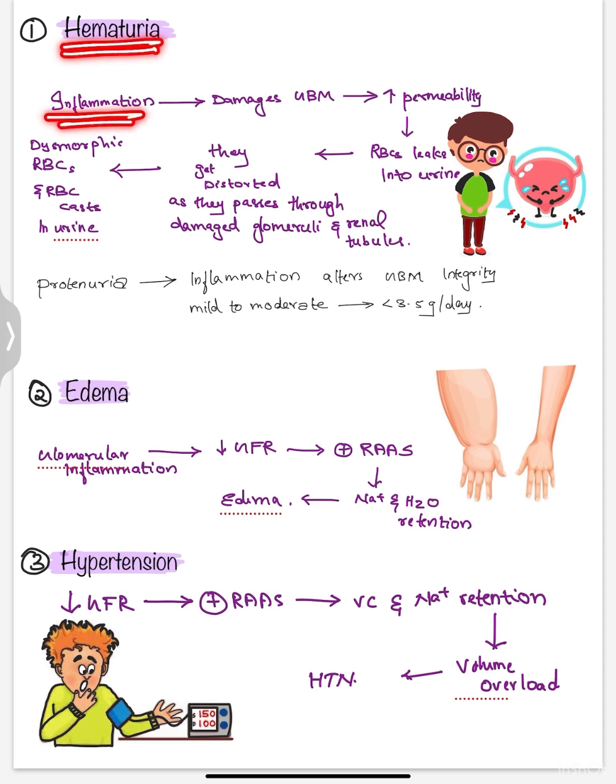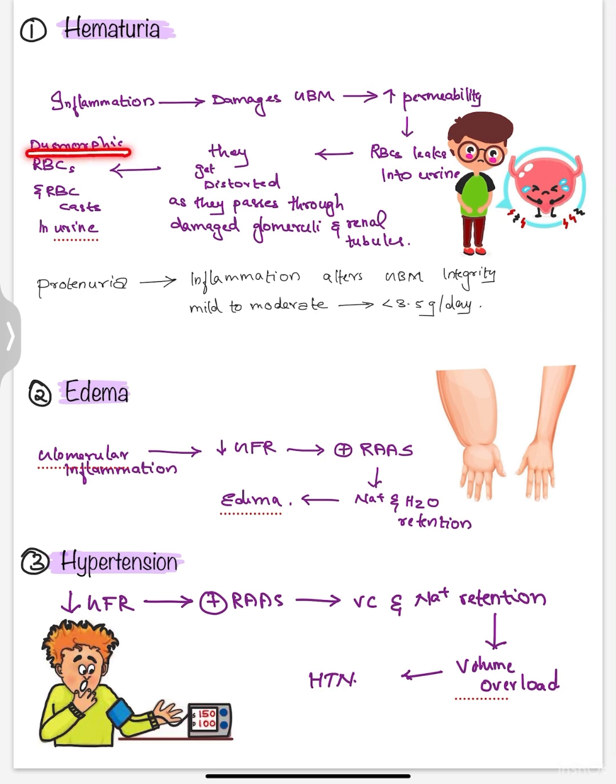There is inflammation due to the cell injury, which is in turn due to the accumulation of immune deposits. And this inflammation leads to damage in glomerular basement membrane, thus increasing the permeability of the glomerular basement membrane. So RBCs leak into the urine and they get distorted as they pass through the damaged glomeruli and renal tubules. So what will happen?